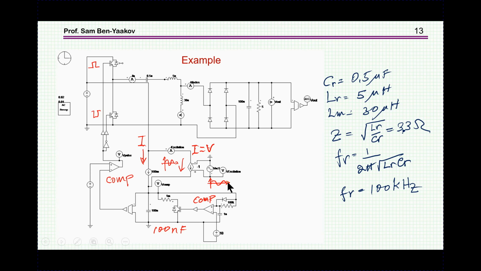Now, in this particular design, we have C sub R of 0.5 microfarad, L sub R of 5 microhenry, and LM, which is 6 times L sub R, is 30 microhenry. The characteristic impedance is 3.3. The resonant frequency, that is the resonance between L sub R and C sub R, is 100 kilohertz.